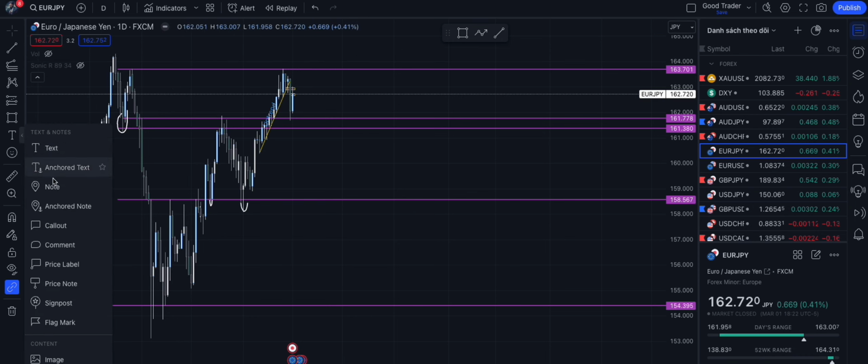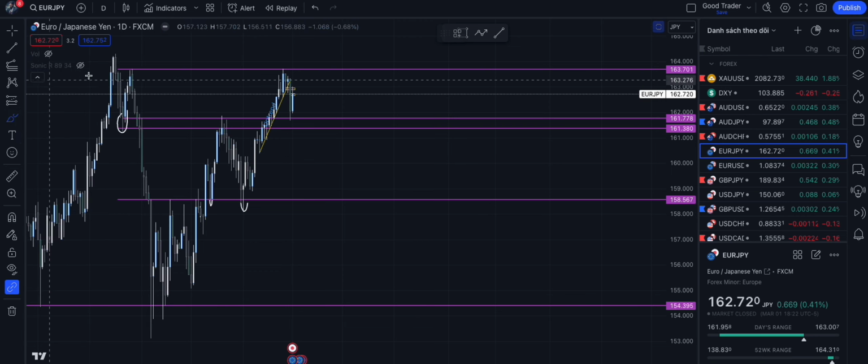I can see that there's a high over here in the past, and the current movement has reacted to the high in the past.